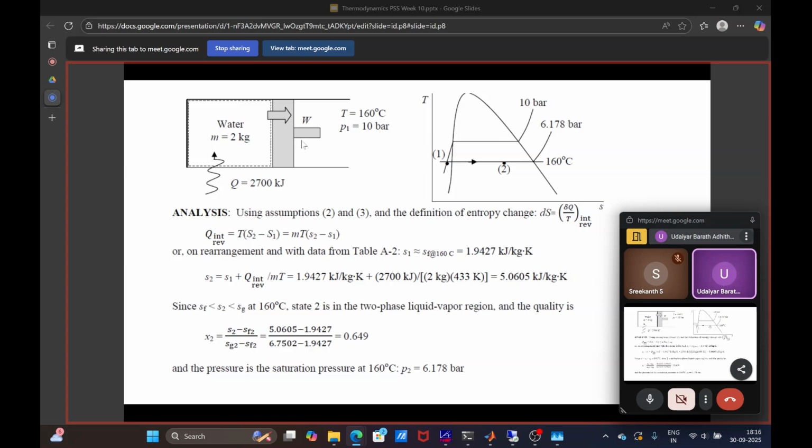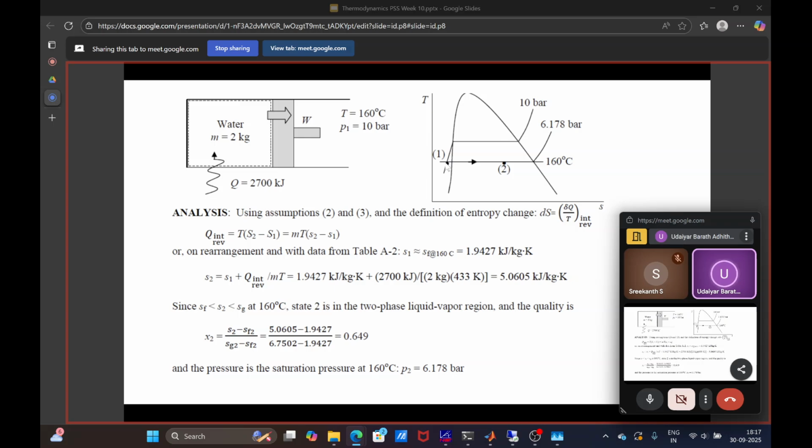We need to find how the process will look on a TS diagram. Initially you are at 10 bar, and because you are expanding, your pressure comes down. If you go horizontally along the TS diagram, the temperature is constant.